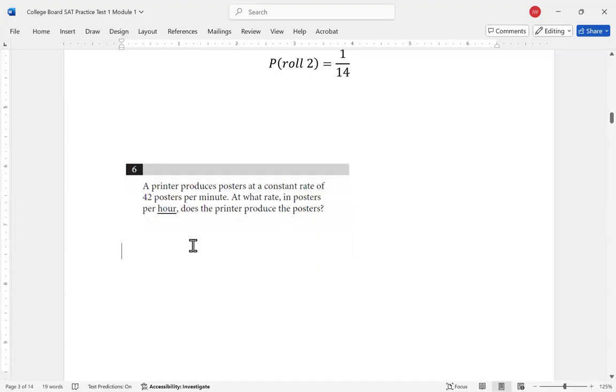Question 6 says a printer produces posters at a constant rate of 42 posters per minute. At what rate in posters per hour does the printer produce the posters? And so the first thing we have to realize is that there are 60 minutes in 1 hour.